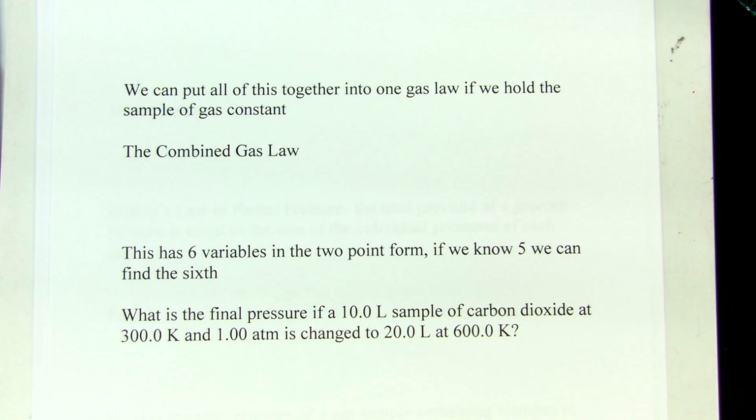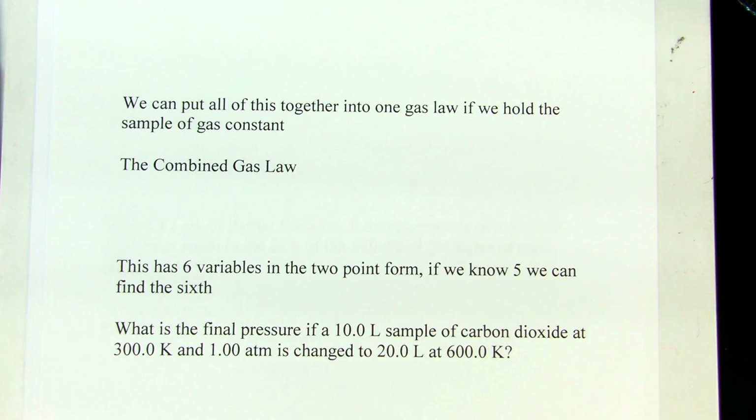We looked at volume and temperature, where we held the pressure and the amount of gas constant. And then we looked at pressure and temperature, where we held volume and the amount of gas constant. In the combined gas law, we can put all three variables together, and we still hold the amount of gas constant, but now we get 6 variables instead of 4.